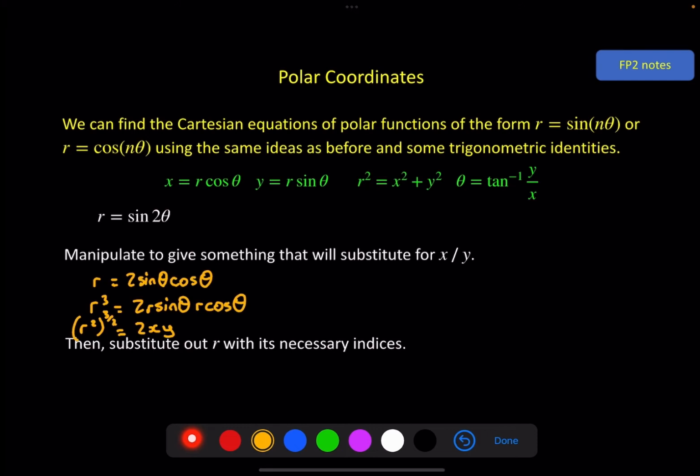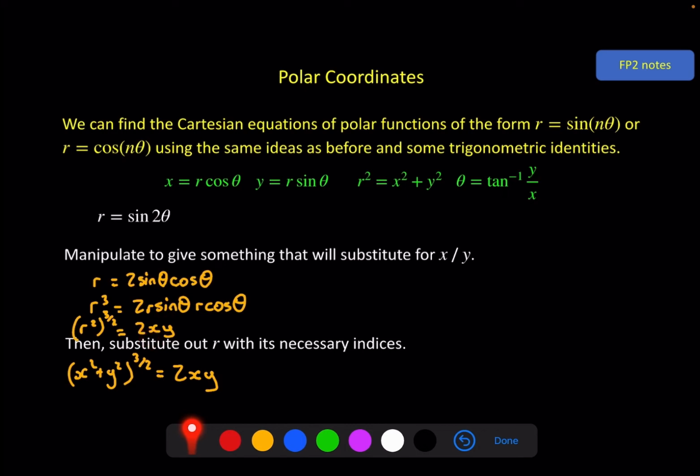So that can now change into x squared plus y squared to the power 3 over 2 is equal to 2xy. So a quick recap, used an identity first to break this into sine thetas and cosine thetas, multiplied by enough r's to get an r sine theta here and an r cos theta here, so we could change those into y's and x's.